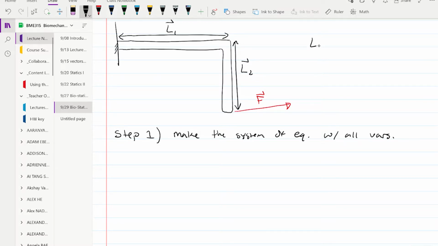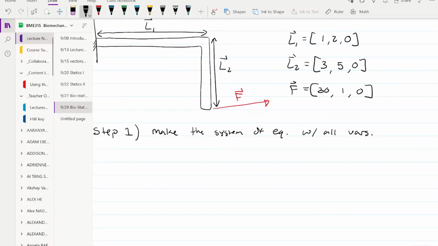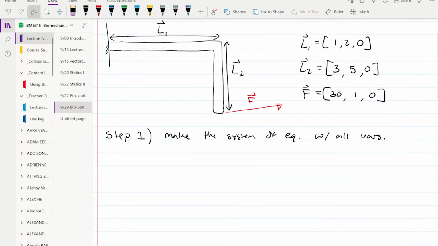Even if the numbers are given, say L1 is equal to 1, 2, 0, let's call this a 2D problem. And L2, let's say that's 3, 5, 0. And then F is given as 30, 1, 0. Say that there is some tiny amount of deflection in the y direction.